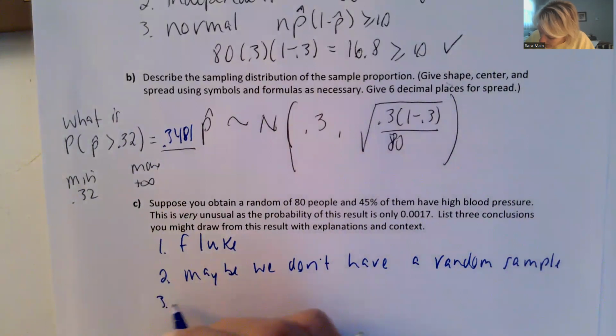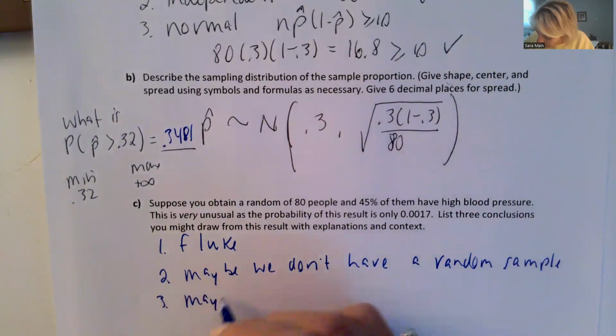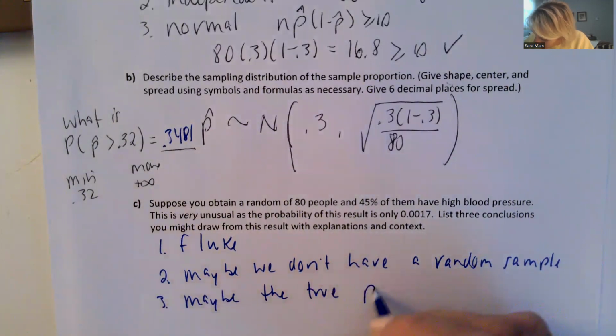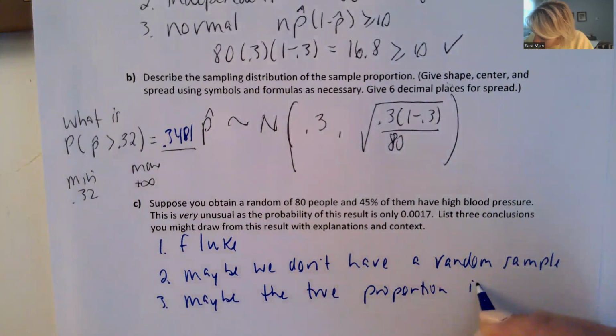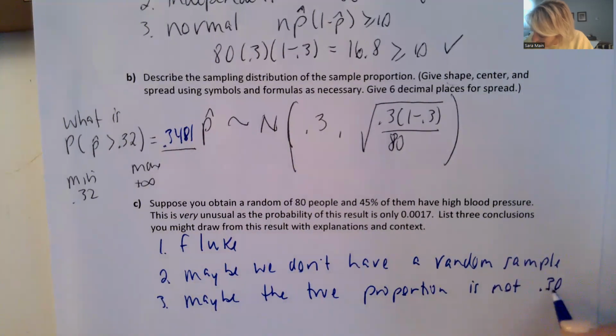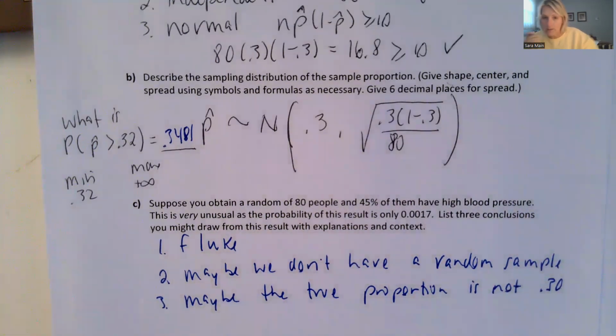And the third thing is maybe the true proportion is not 0.3 like they told us. Maybe it's something different.